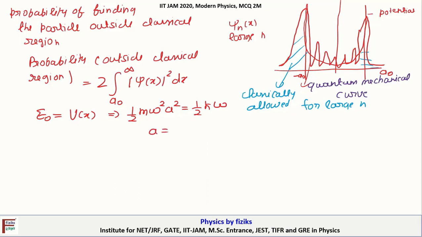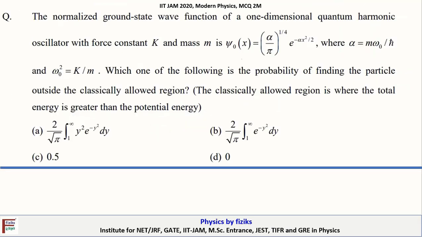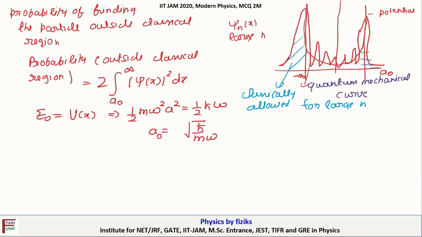So the value of A is turning out to be root over h cross by m omega. Now further, psi 0 of x is defined as alpha by pi to the power 1 by 4 e to the power minus alpha x square by 2, and alpha was defined as m omega by h cross.